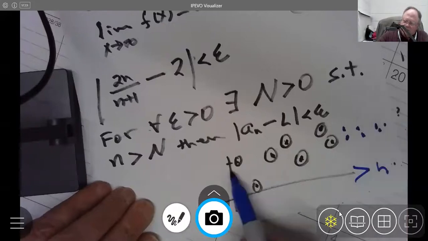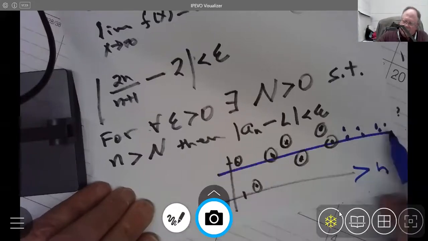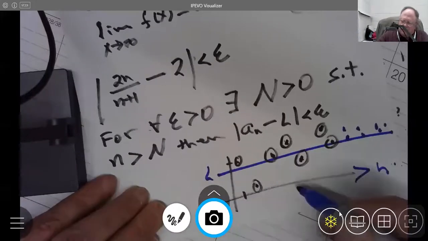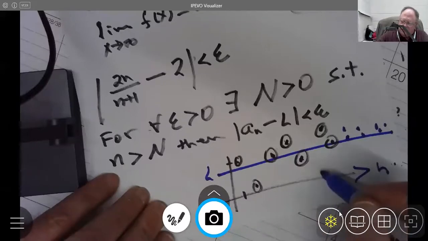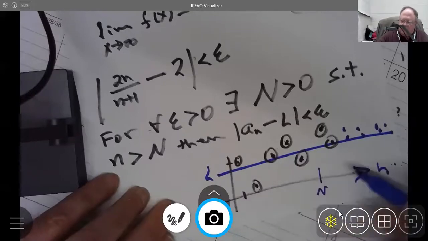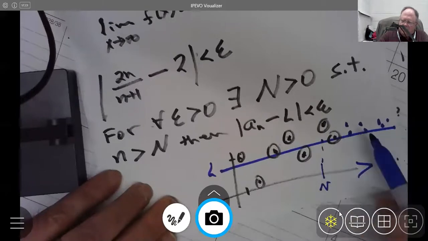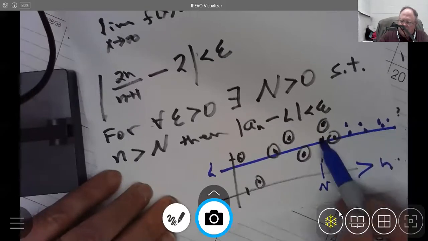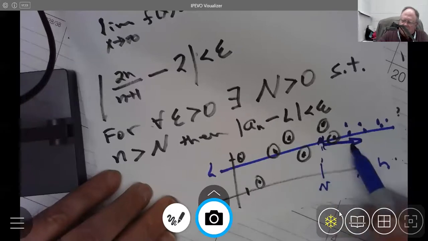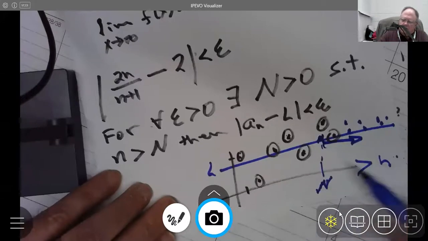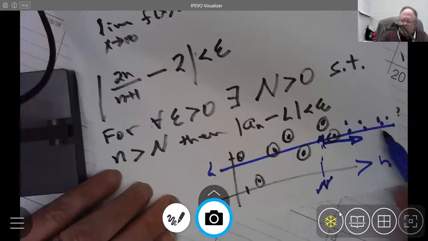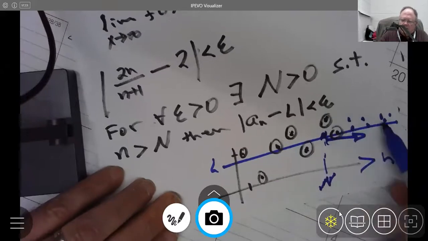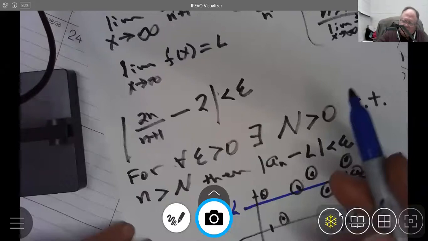That's where your limit is going to be. So you have to find a capital N where, from this uppercase N on, you're going to come up with your limit.